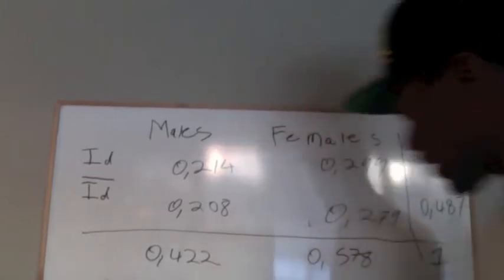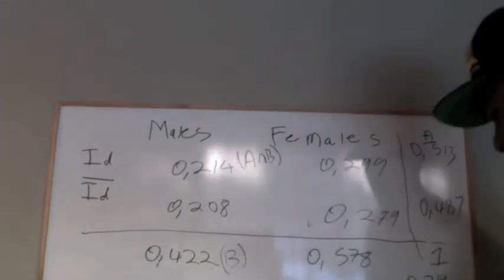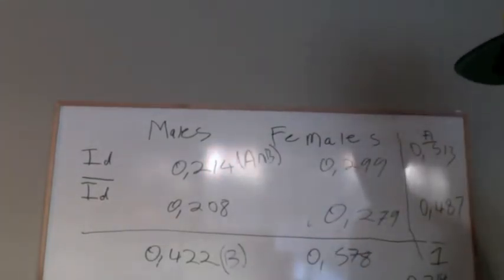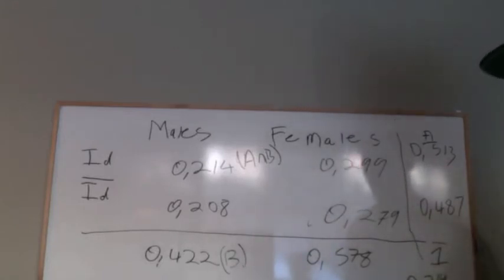Given that, this is going to be the formula: the probability of A and B equals the probability of A times B. For P of A given B, you have to divide the probability of A and B by the probability of B. When you divide both of those, your final answer should be 0.507.